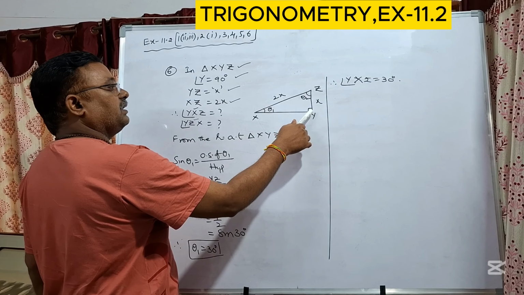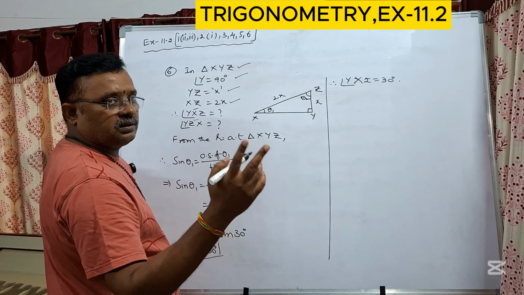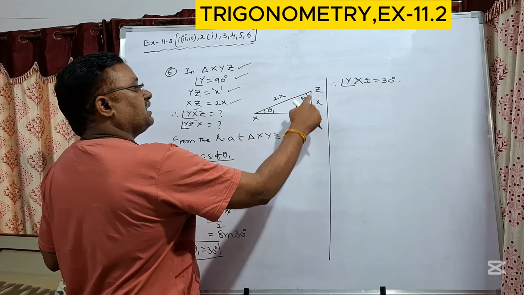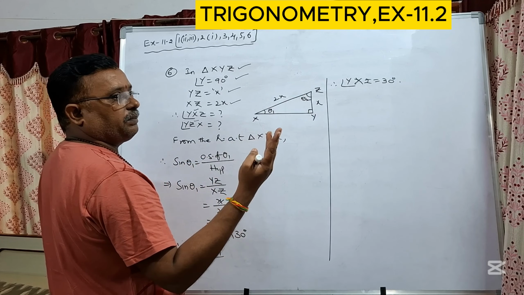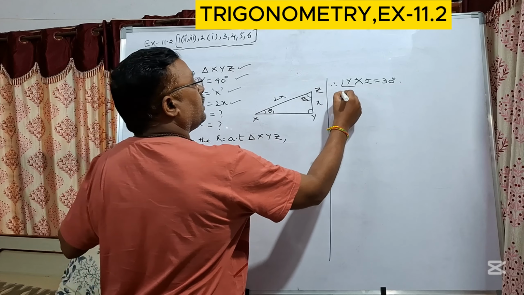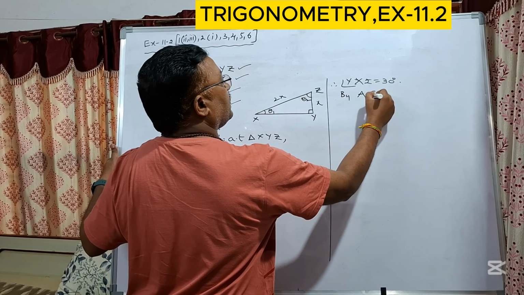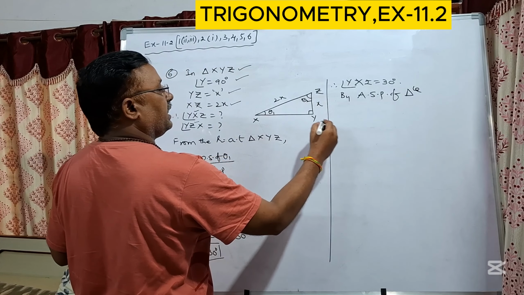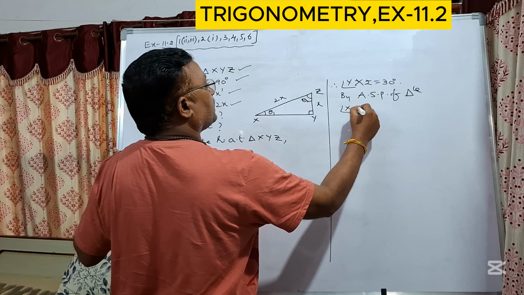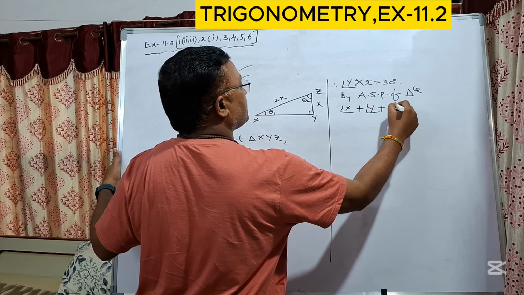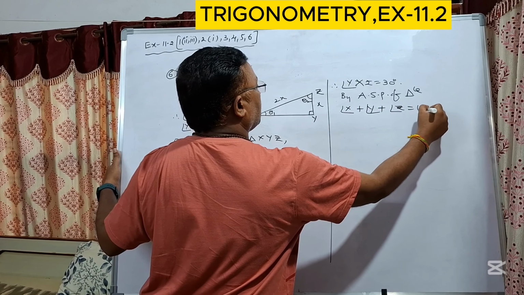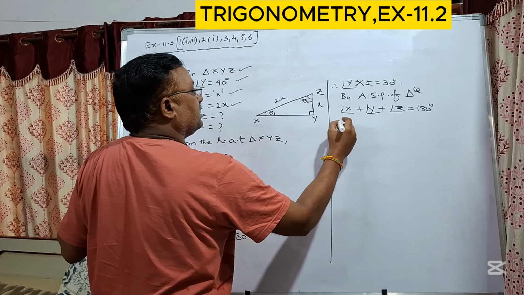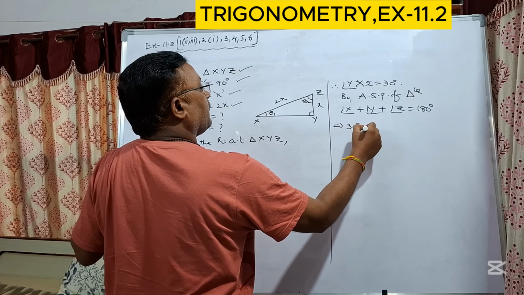And they are asking angle YZX also. There are two methods to find that. It is a triangle, so we can apply the angle sum property. By angle sum property of a triangle, the sum of the three angles, angle X plus angle Y plus angle Z, is equal to how much, Nana? 180 degrees. Angle X we calculated as 30 degrees.